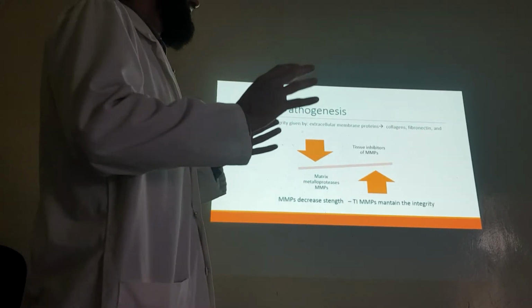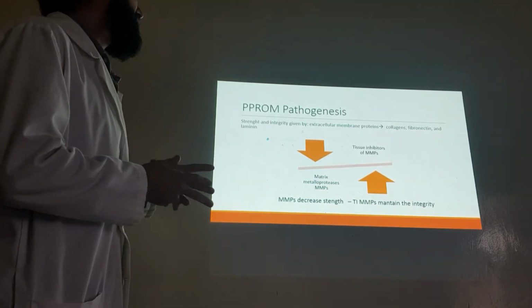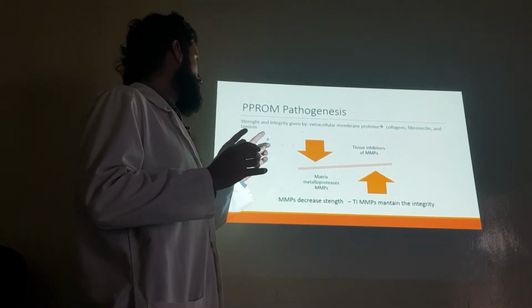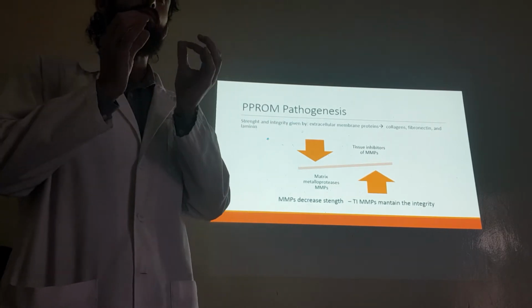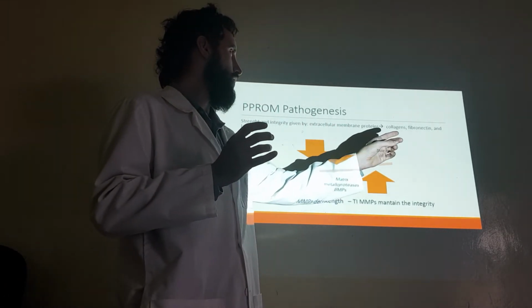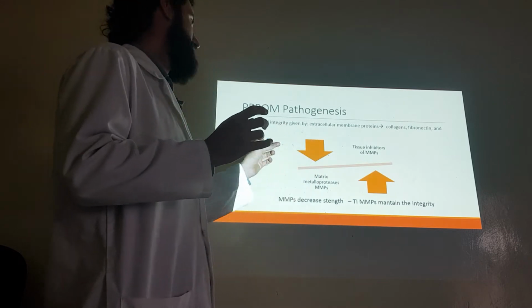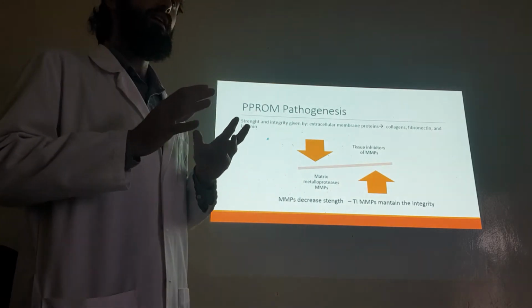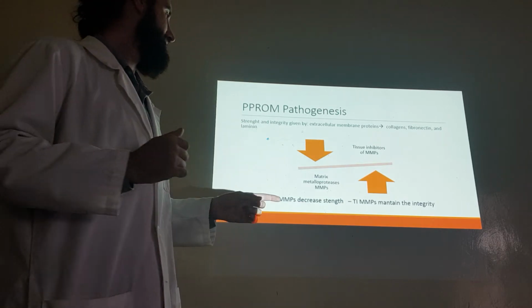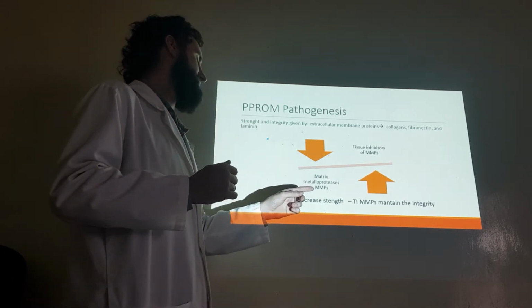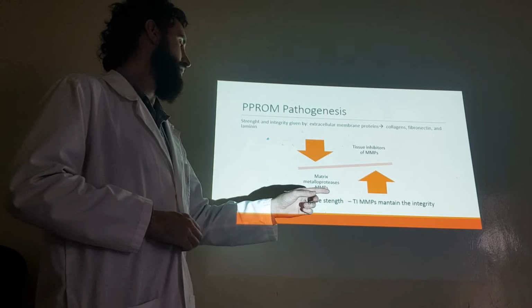But here I try to make a little summary. First, the strength and integrity of the membranes are given by some proteins, for example, collagens, fibronectin, and laminin. But there are some proteases that make proteolysis, called matrix metalloproteases, abbreviated as MMPs.